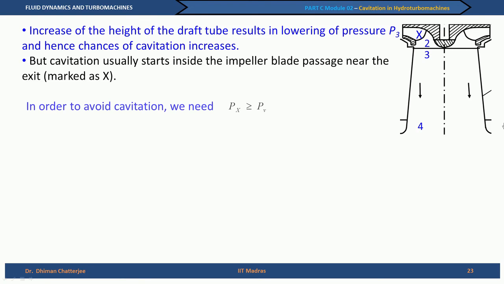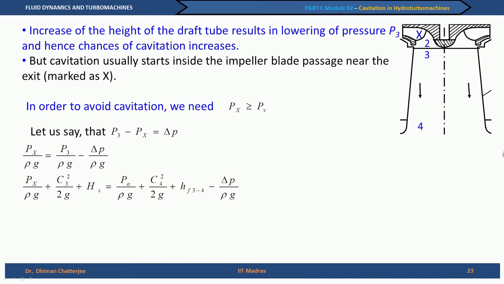We can say that Px should be greater than or equal to Pv, and we say that P3 minus Px is equal to some delta P. Now, please note that this delta P is known to the manufacturer or the designer of the turbine, just like the way we have said in case of pump. In case of pump, we have said that the pressure difference between the pump suction inlet, pipe inlet, and the pump impeller inlet is known to the manufacturer of the pump.